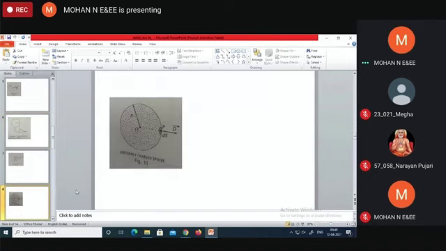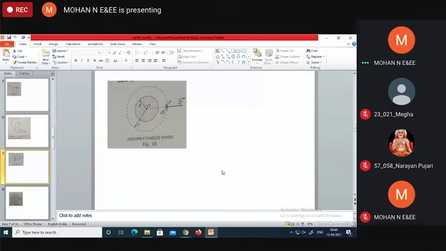Now, coming back to one more example. What is happening now? Until now we have seen the charged shell, which can be a hollow one. Now it is a charged sphere, that is, a solid sphere.